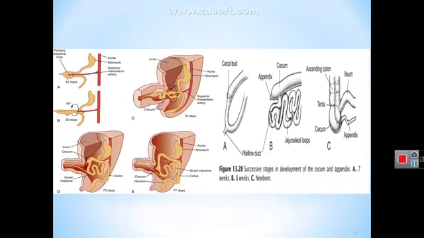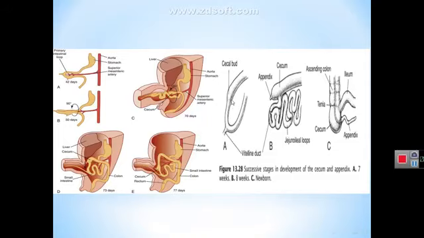The cecal bud, which appears at about the 6th week as a small conical dilation of the caudal limb of the primary intestinal loop. This is the cecum. This is the cecal bud.